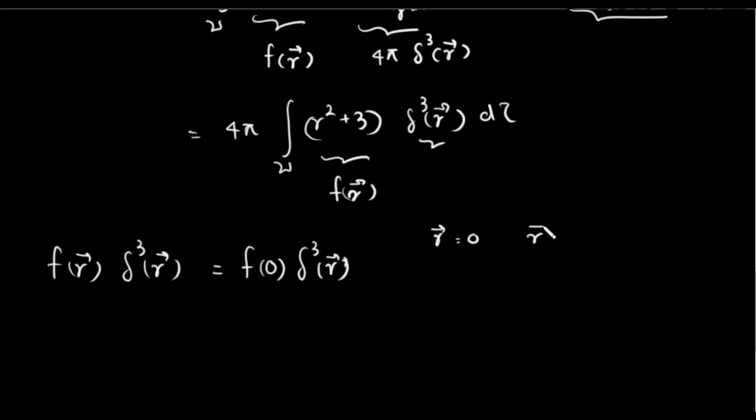If the r vector is not equal to 0, then the delta function is going to be 0.